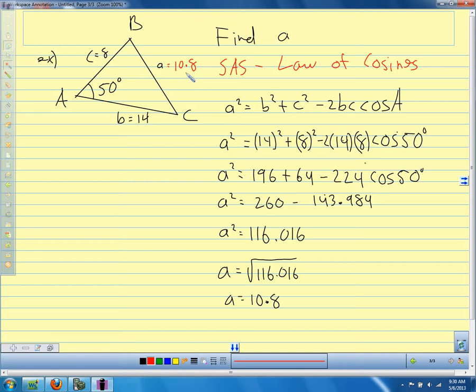And now if the problem asks us to find more parts of this triangle, now I have an angle and a side opposite. So now I could use the law of sines to finish. And we'll do an example of that in the next example.